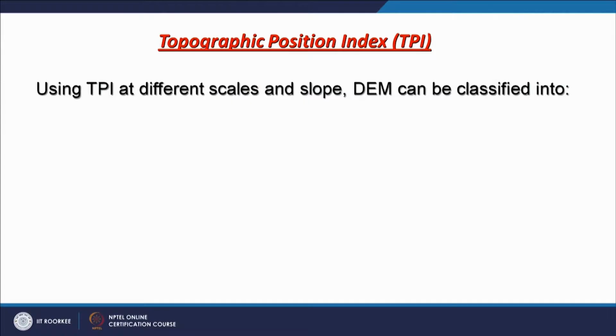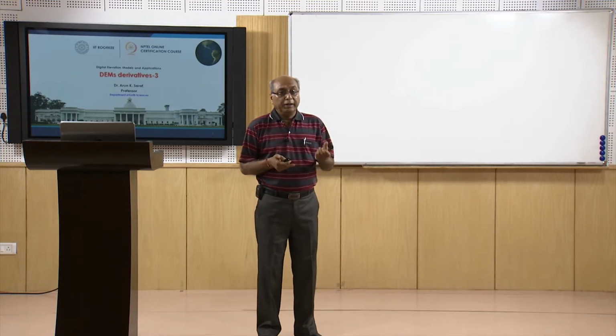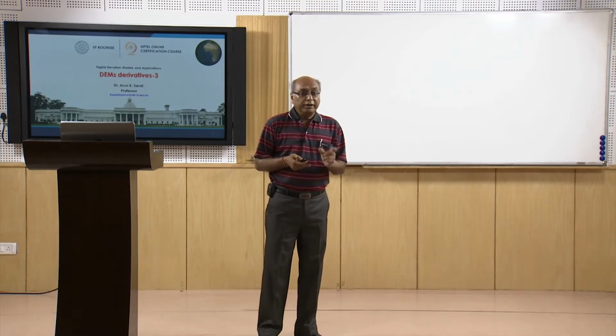This TPI, at different scales and different slopes, can be used to classify the DEM. For example, by slope position we say ridge top, valley bottom or mid slope, etc. When we emphasize slope, where the slopes are positioned, we can classify our digital elevation model based on ridge top, valley bottom and mid slope.